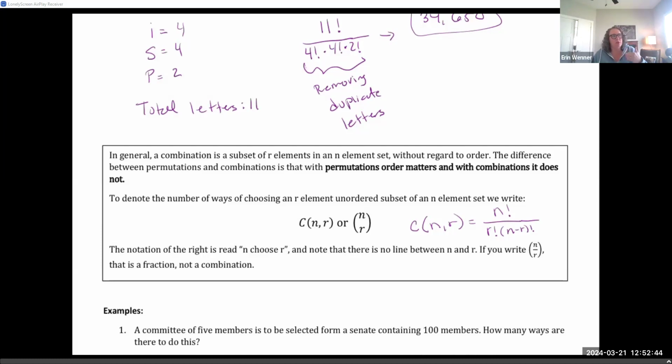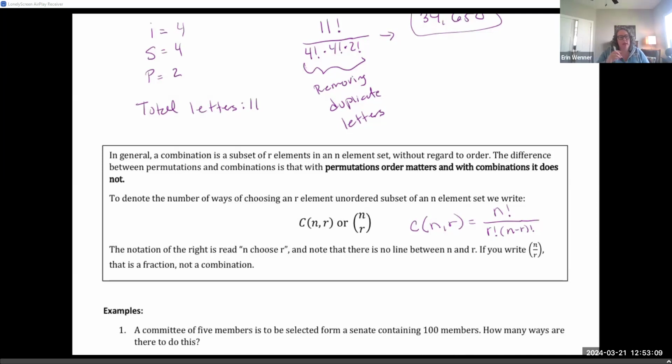And that R factorial, much like in the Mississippi example, is removing the duplicates. It's removing the pizzas where I said pepperoni, sausage, onion is separate from pepperoni, onion, sausage, or sausage, onion, pepperoni. This is the same pizza, right?